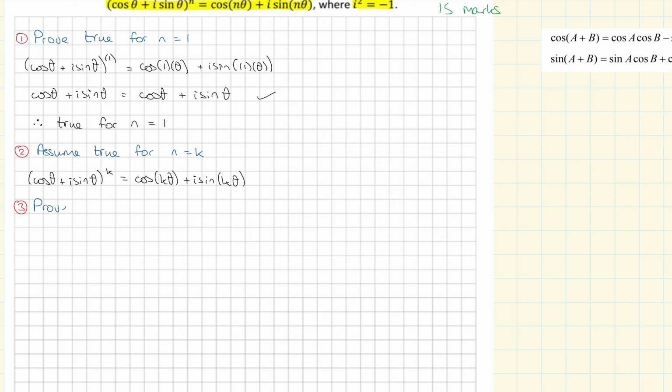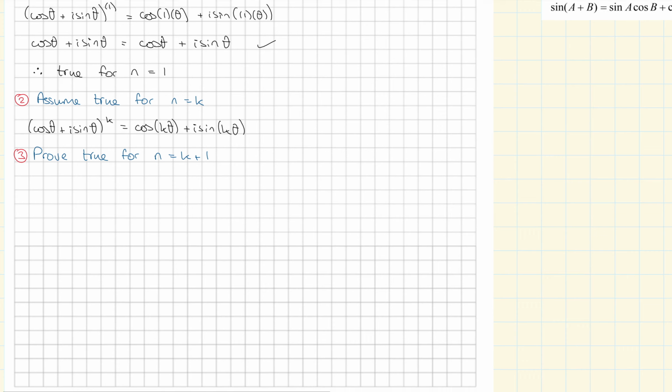Step 3, we're going to prove true for n equals k plus 1. Okay, so we have (cos theta plus i sine theta) to the power of k plus 1 will equal cos of k plus 1 theta plus i sine, and same again, k plus 1 theta.